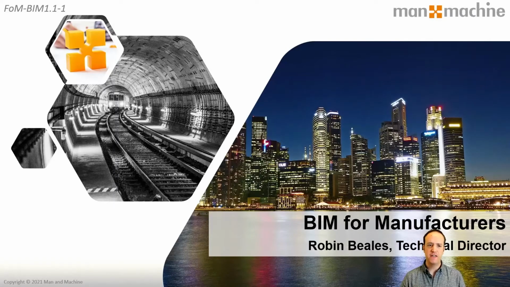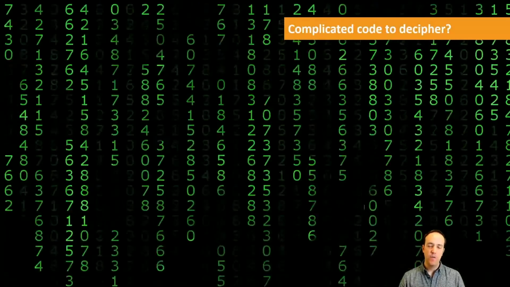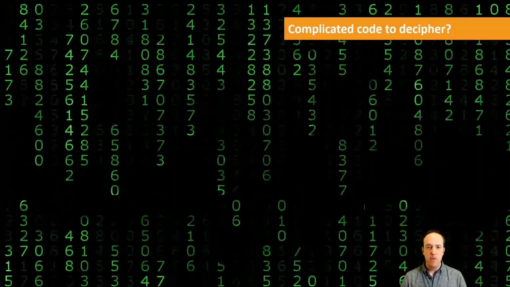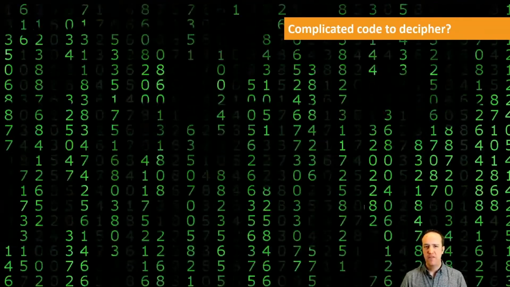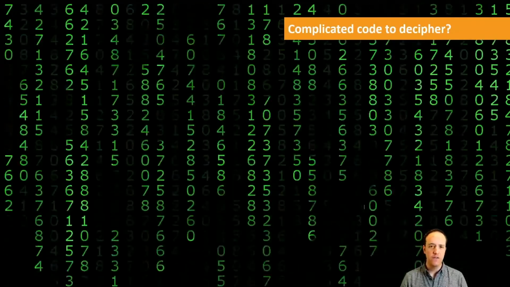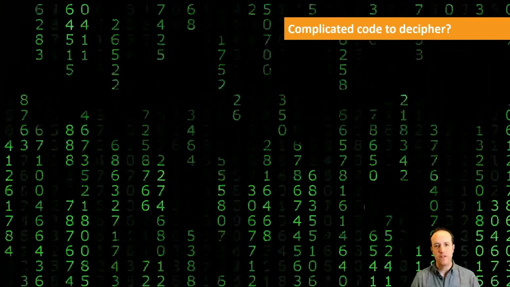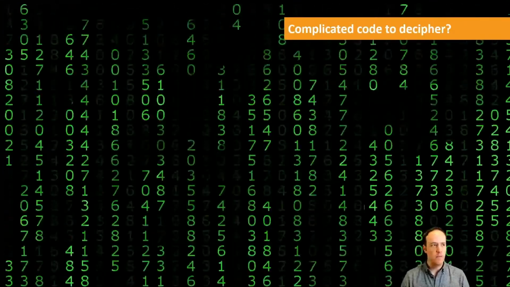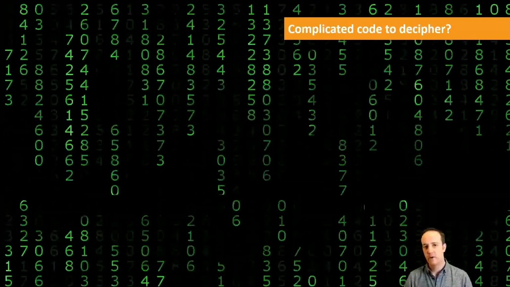So I guess the first thing to note is it's probably fair to say that when we think of BIM or digital construction, it can seem like quite a complicated piece of code to decipher. Certainly there's so many different standards and so many people or individuals giving different levels of advice. So it's tough out there.